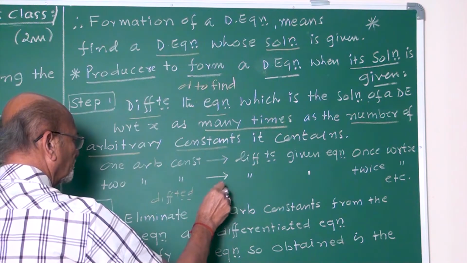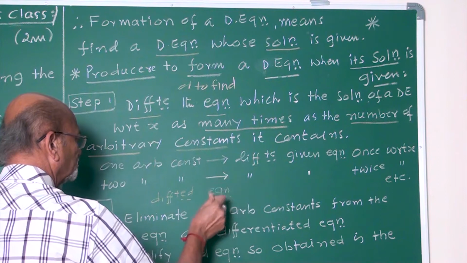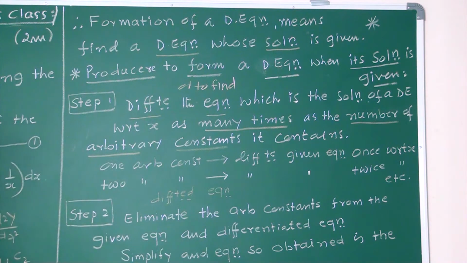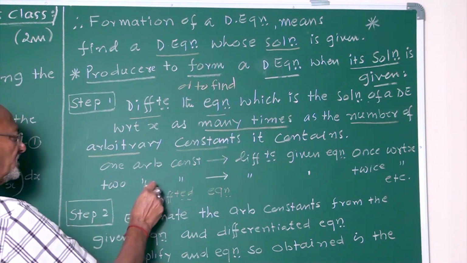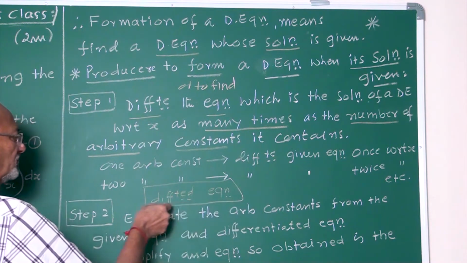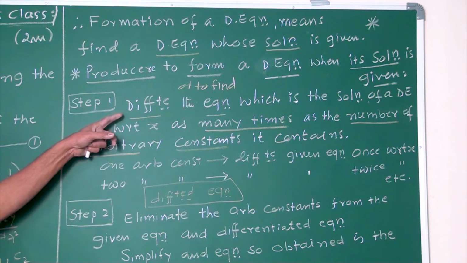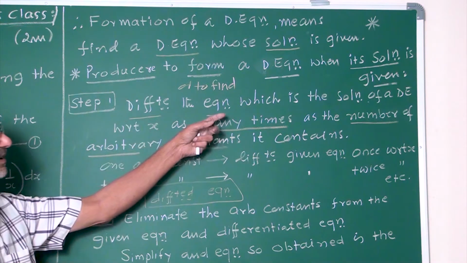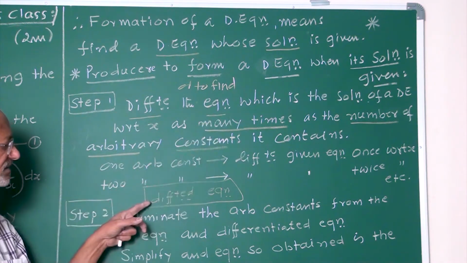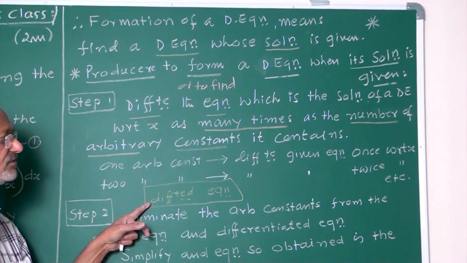After the differentiation, you get an equation which is called the differentiated equation. Then you get, my friends, two equations. One, the given equation. What is the other? Differentiated equation.